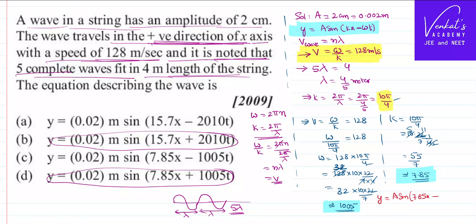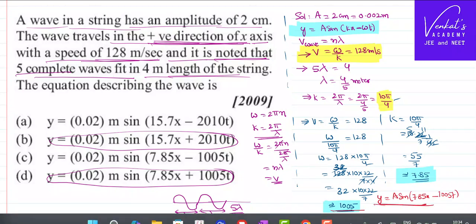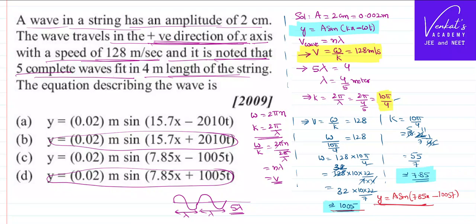Moving along the positive x-axis, therefore a negative sign, minus omega, where omega you found approximately as 1005, t). This is the right representation for the wave that you have been talking about. This other answer is of course wrong. These numbers are wrong. That's why that cannot be the answer. Rather, this is the answer for the problem. C is the answer for the problem. That's how we have to solve the problem. Thank you for watching.